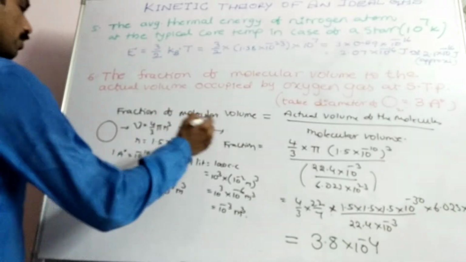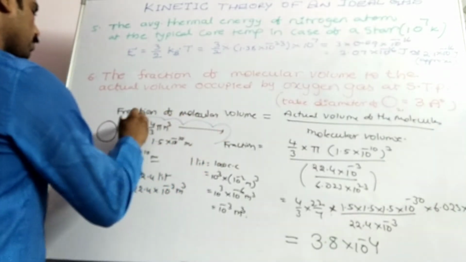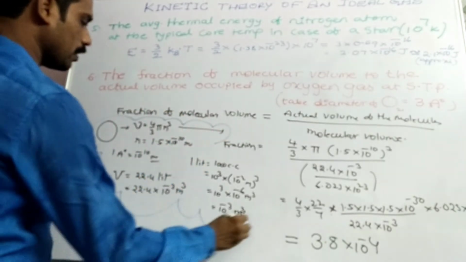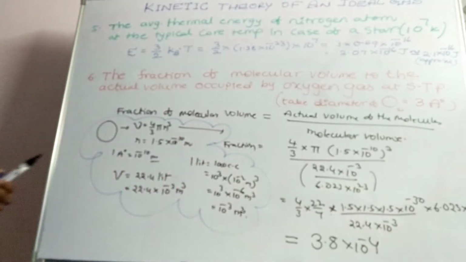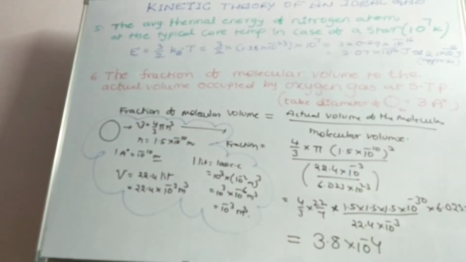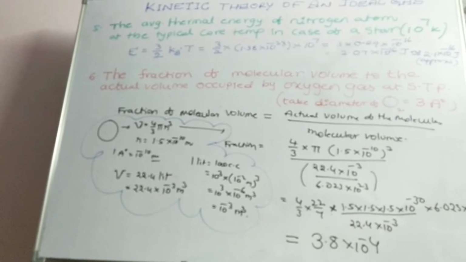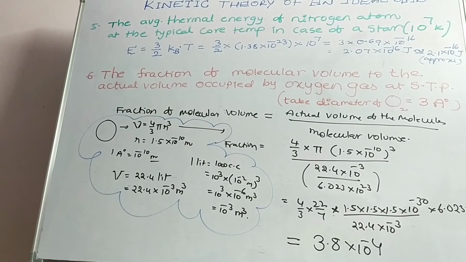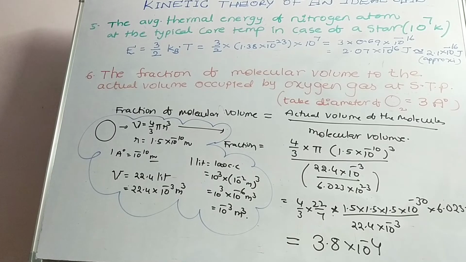Okay, so this is the data we have to calculate volume. That is about the fraction, 3.8 into 10 power minus 4. Okay, see clearly.